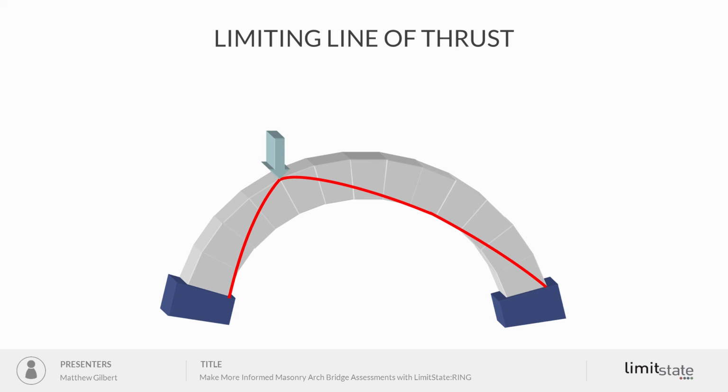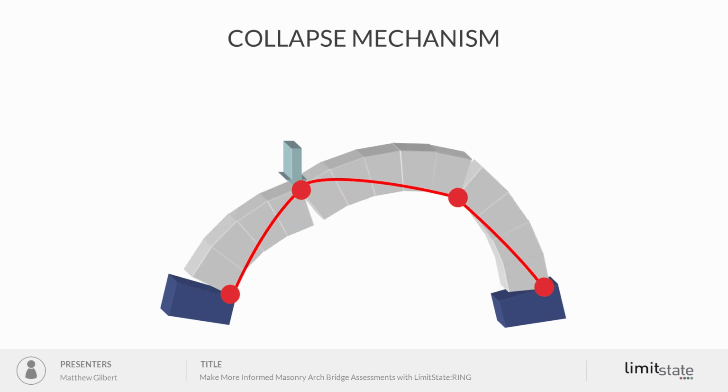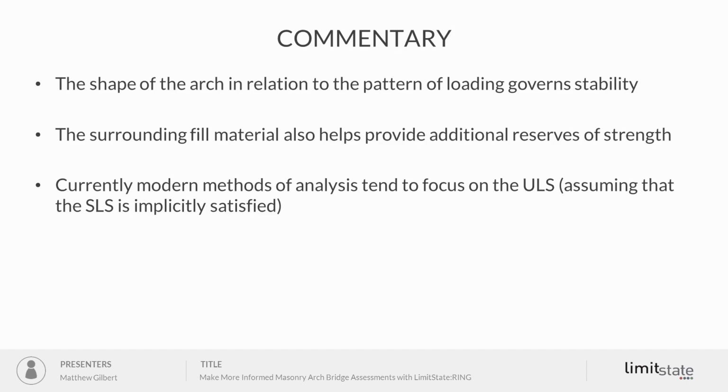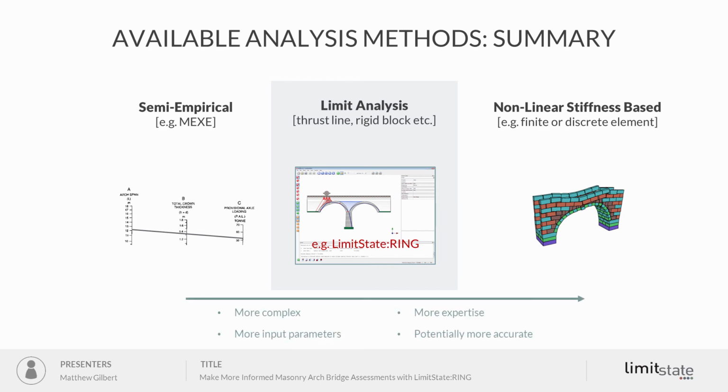And at that point, if we try and apply any more load, we will get hinges forming, and we will get collapse. Now that state is actually well defined, so we can use analysis tools to quite easily and quickly identify that situation, and that's what we do with the LimitState RING software, as we'll see later.